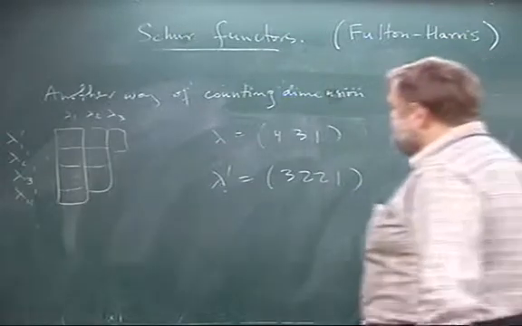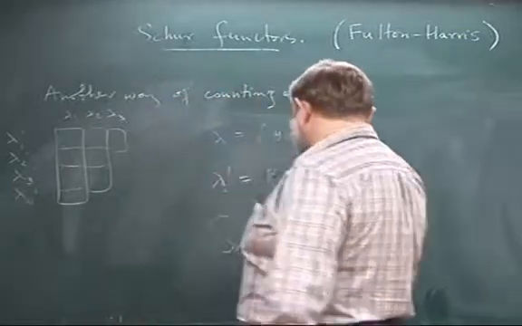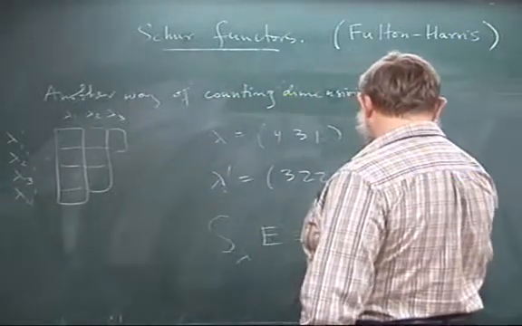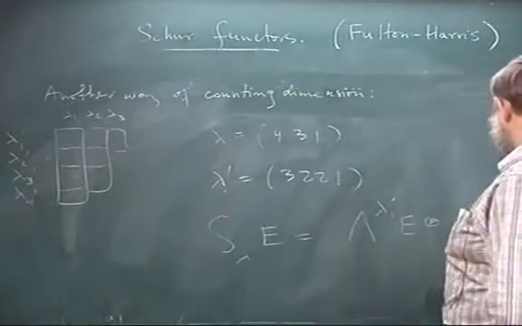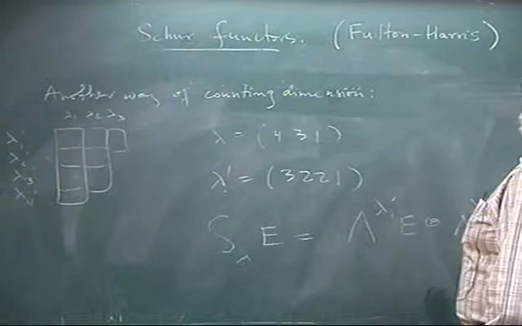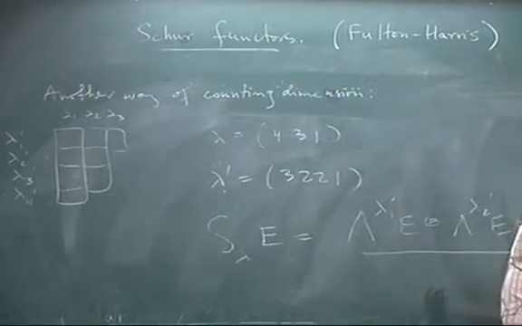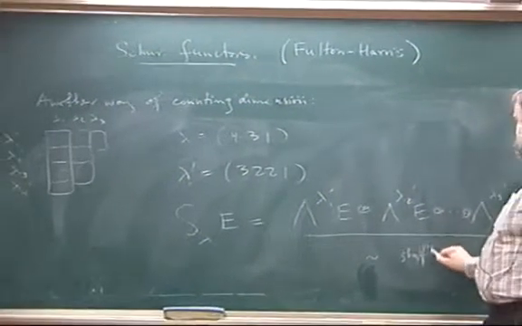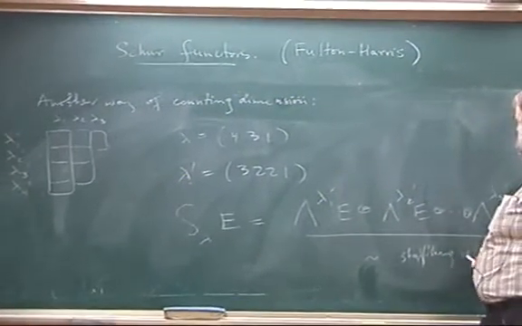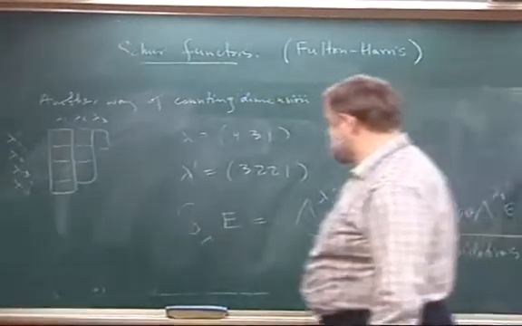And because of this anti-symmetrizing, this S_lambda E, you can write it as wedge^{lambda_1'}E tensor ... tensor wedge^{lambda_s'}E, divided by some relations, so-called shuffling relations. You can look in Fulton and Harris for what they are. I will not exhibit them here.